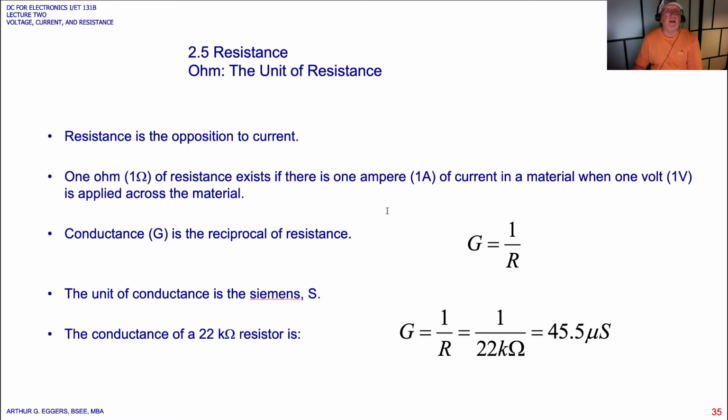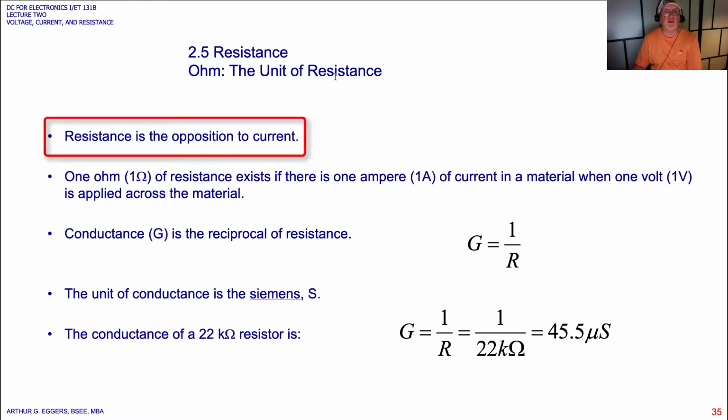So, by definition, the unit of resistance is the ohm. Resistance, then, is the opposition to current. So we would think that if we start looking at the mathematical relationships that we're going to start forming between voltage, current, and resistance, there must be some inverse relationship between resistance and current.